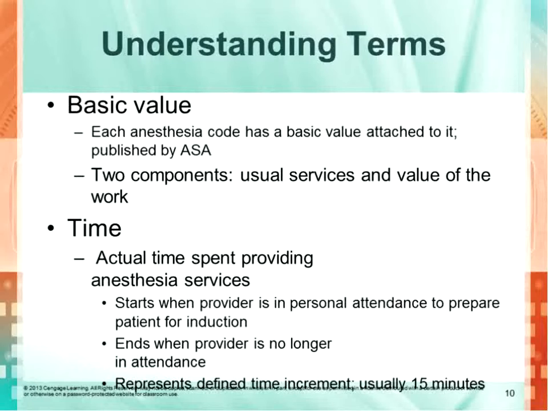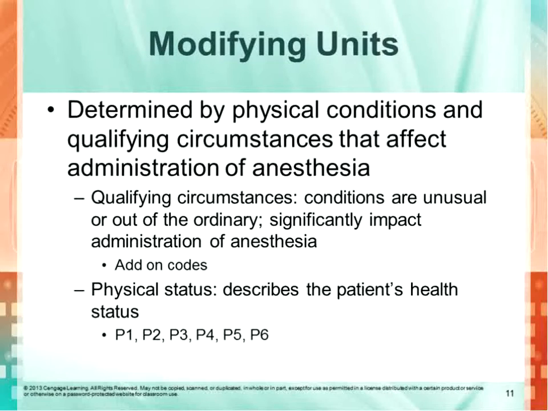However, there could be other increments based on what your insurance company requires. They say 30 minutes is another increment you may see. Your time starts when that provider is in personal attendance to prepare that patient for that anesthesia, and it ends when that provider is no longer in attendance and that patient can be sent to the post-surgery recovery area. So that's the time that they are actually counting between those two points.